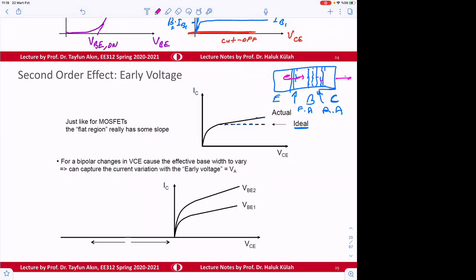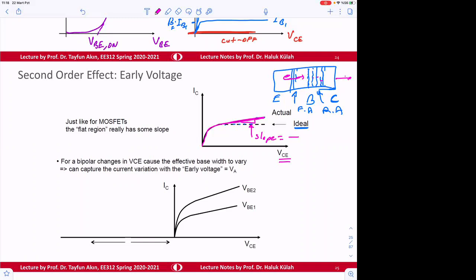So in the actual case, when the collector-emitter voltage increases, there's going to be a slight increase here. And then, as you know, we define this slope.